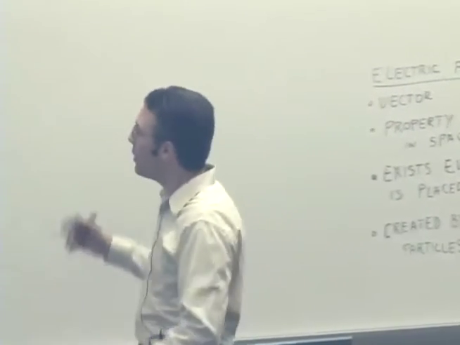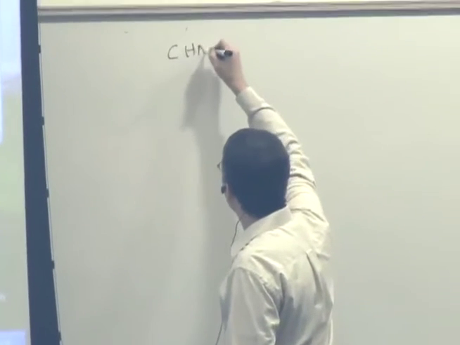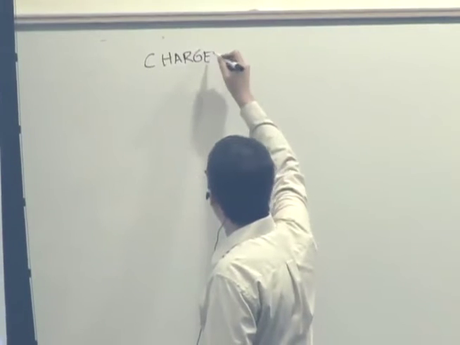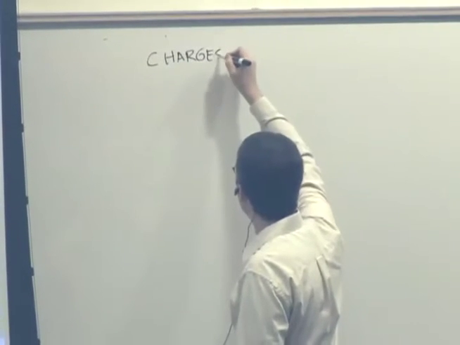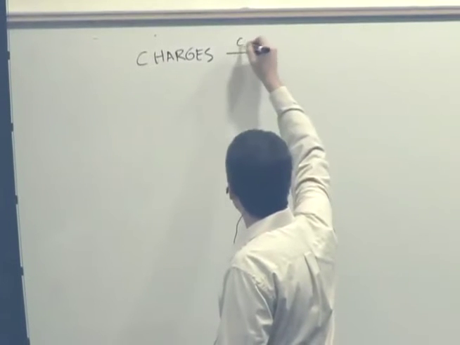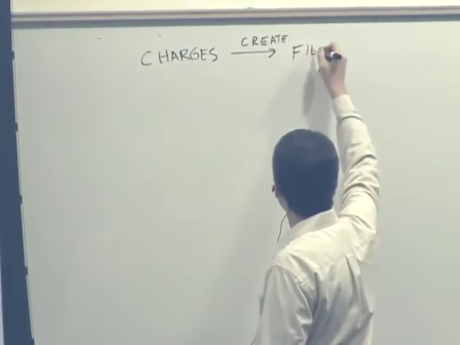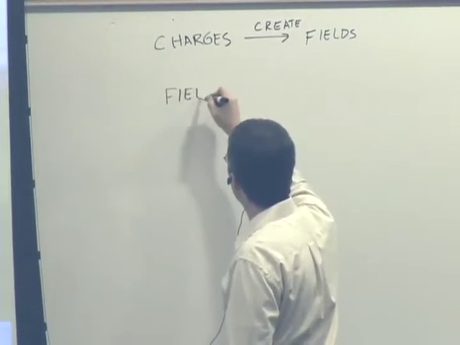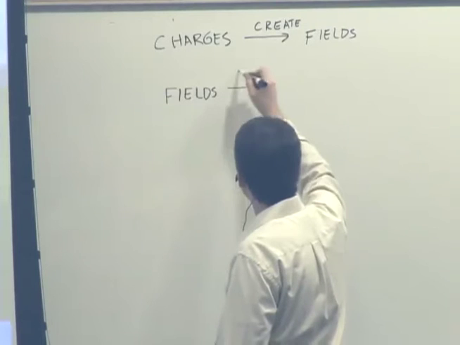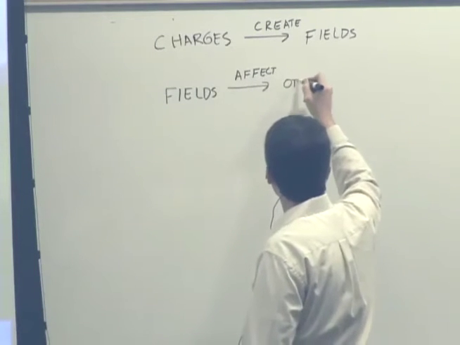Okay? So this comes back to the idea we talked about on Monday, which is sort of the central theme that comes up over and over again. Charges create fields, and then fields affect other charges.